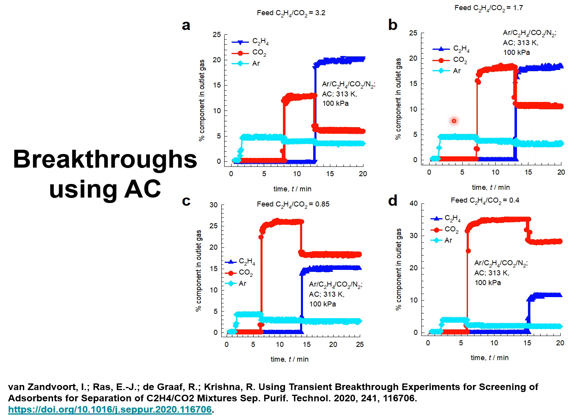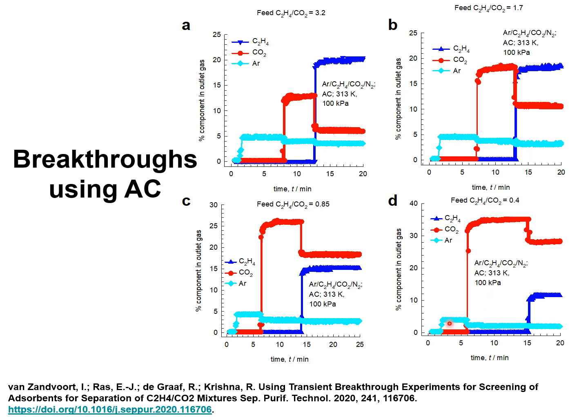Here the ratio of ethene to CO2 is 1.7, then a ratio of 0.85 for ethene to CO2, and the last experiment is for feed mixtures that are richer in CO2 and poorer in C2H4, and the ratio of C2H4 to CO2 is 0.4.